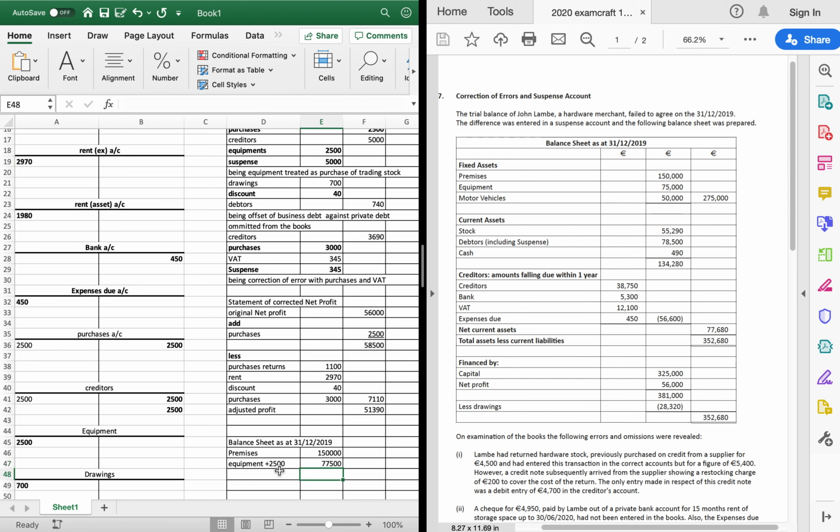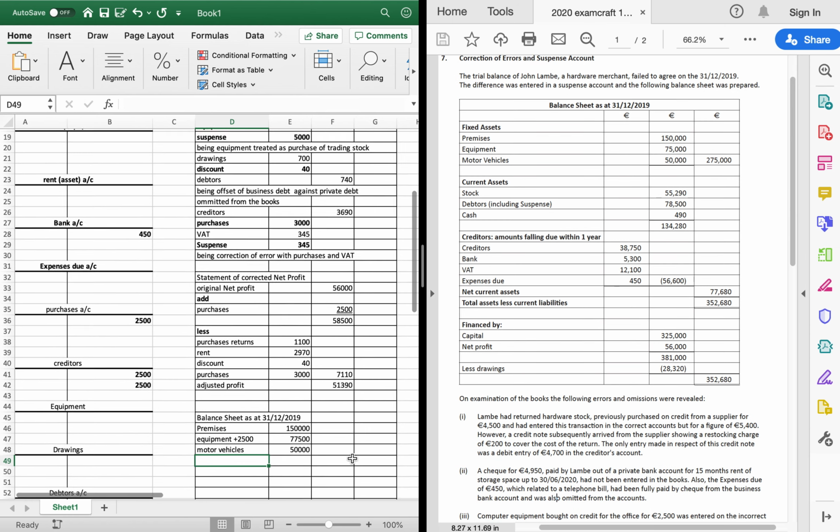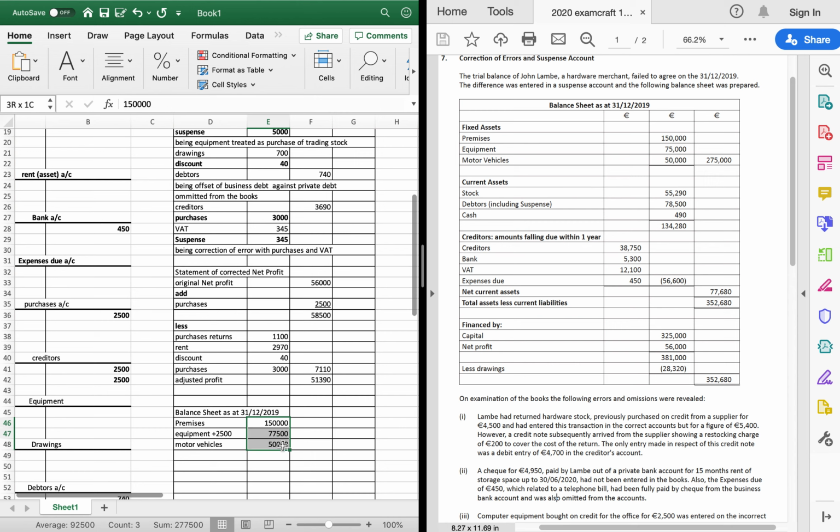Then we've got motor vehicles, and I know that we didn't adjust motor vehicles. Most of the questions you do adjust motor vehicles, but I just know we didn't do it in this one. There was no depreciation, so I'm just going to put them over here.